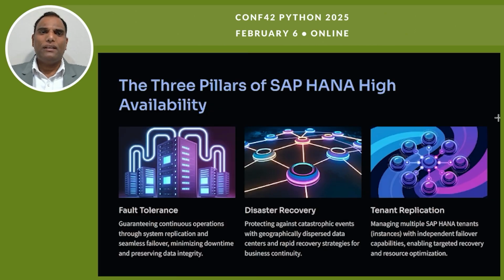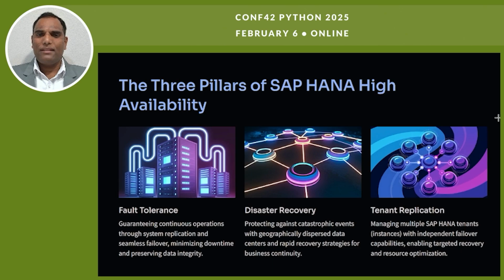objectives. In this slide, we'll talk about three pillars of SAP HANA high availability. The first one is fault tolerance, guaranteeing continuous operations through system replication and seamless failover, minimizing downtime and preventing data integrity issues.